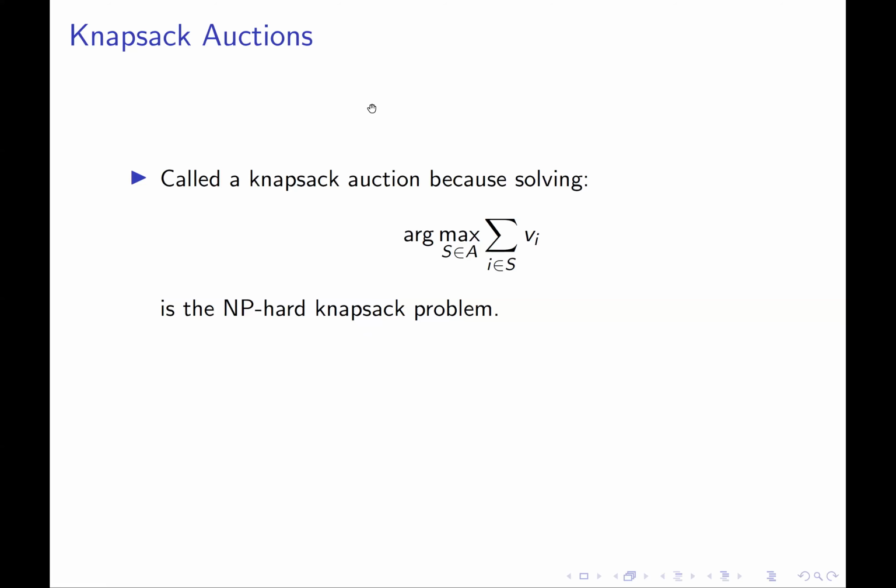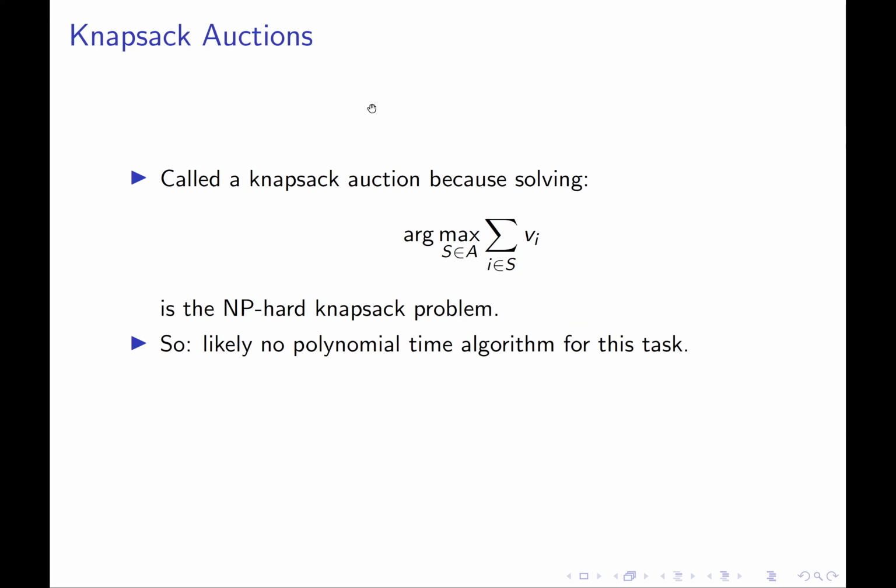And this is an example of a social welfare maximization problem that is NP-hard, because the knapsack problem is NP-hard. For our purposes, that means it's unlikely that we're going to find any polynomial time algorithm for solving the social welfare maximization problem.